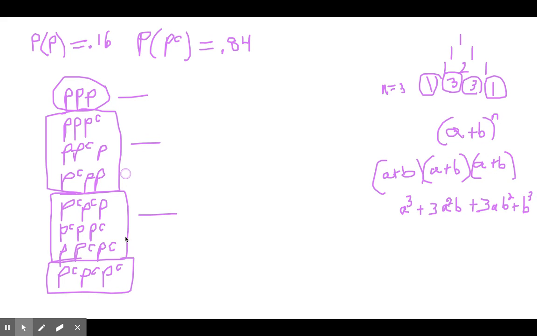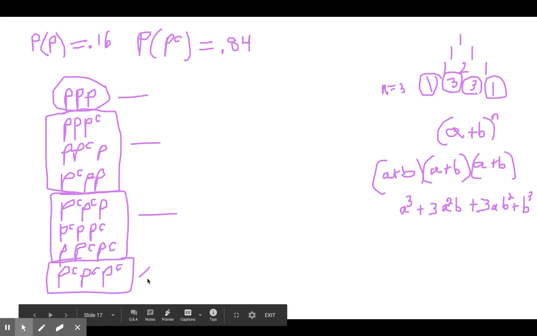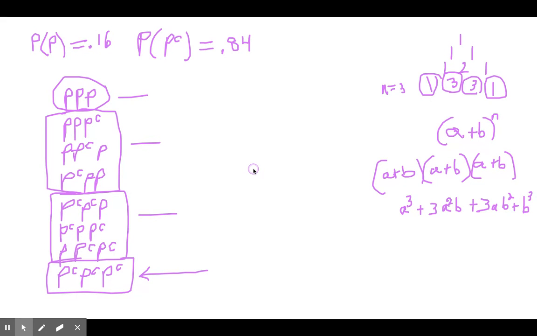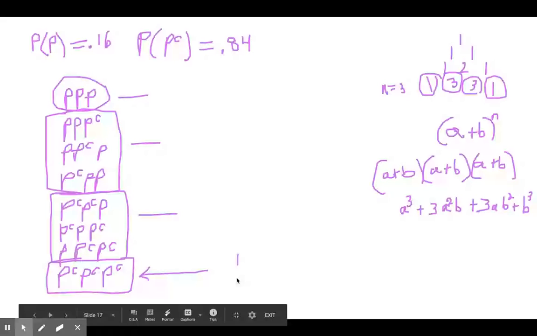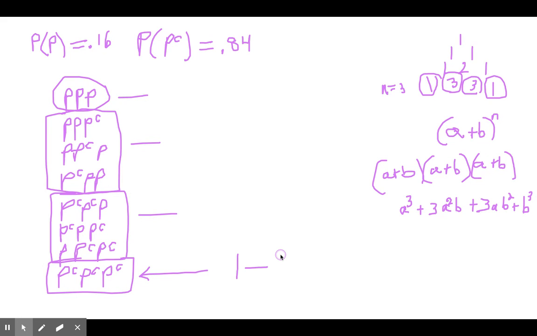I'd have to do all those probabilities and add them all up. But you'll notice there's only 1 case where none of them chose pink. So wouldn't it be easier if I just did 1 minus the probability of all 3?